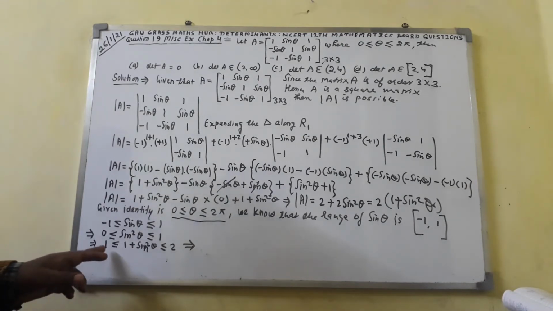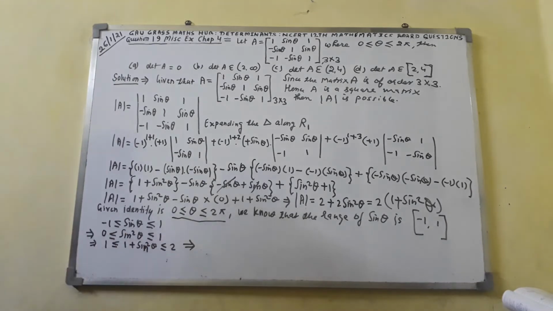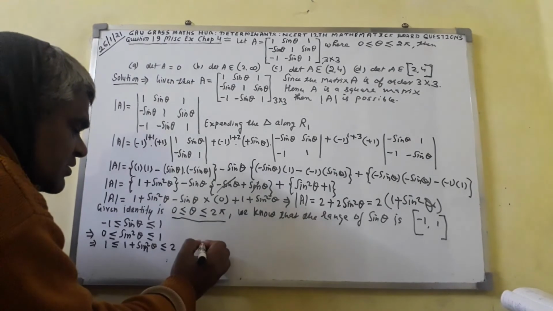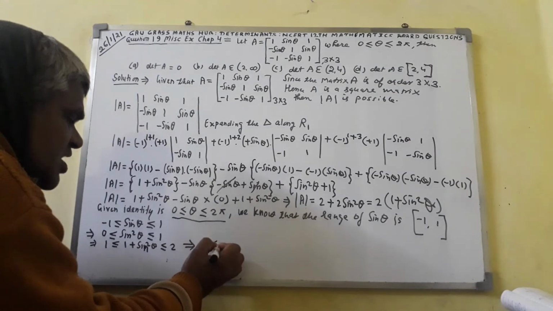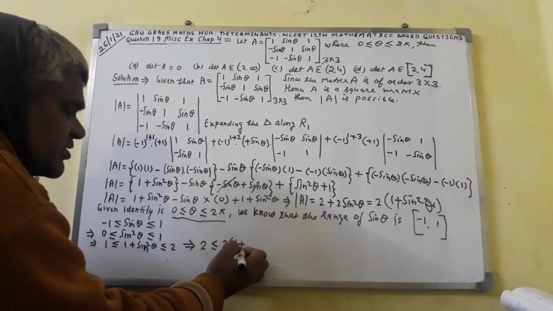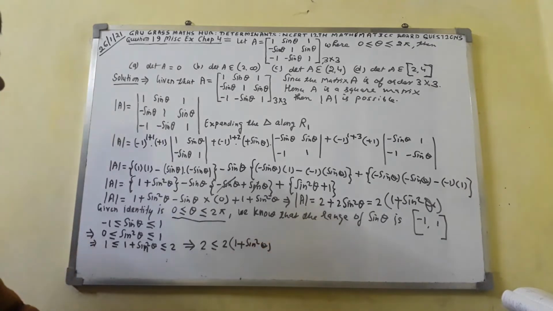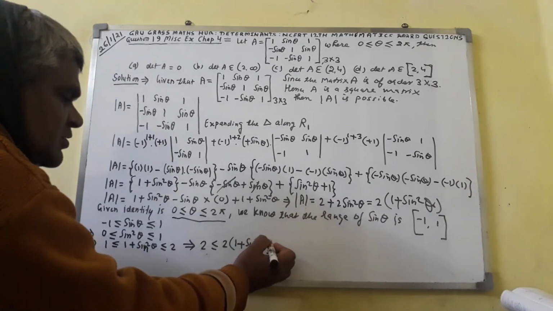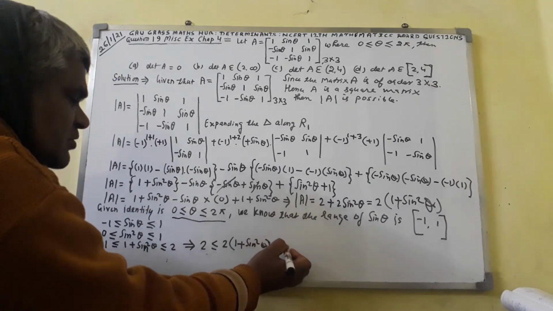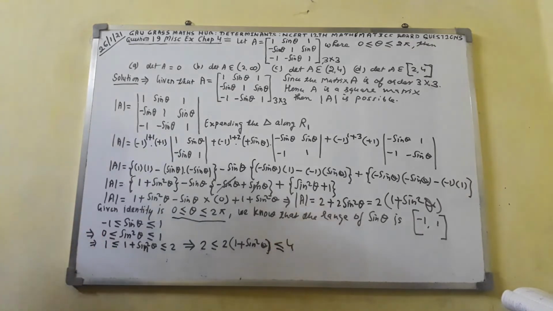Multiply. 1 will multiply to 2, and 1 plus sine square theta will multiply to 2, and 2 will also multiply to 2. So here you will get 2 less than equal to 2 times of 1 plus sine square theta less than equal to 2 times of 2 comes out to here 4.